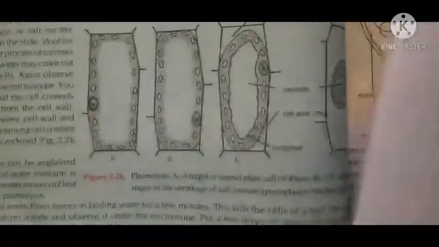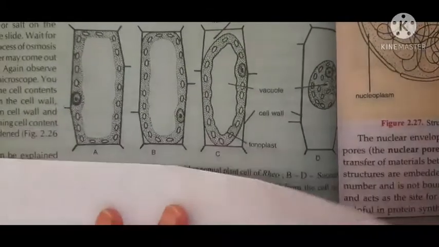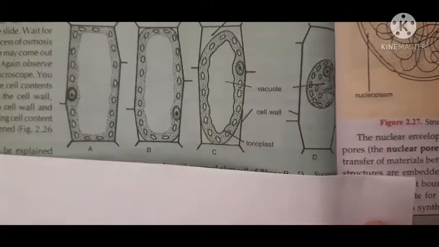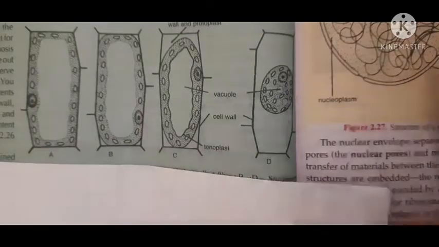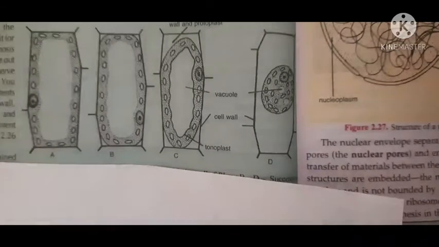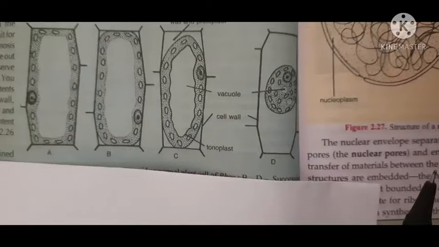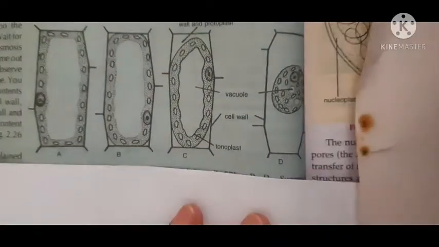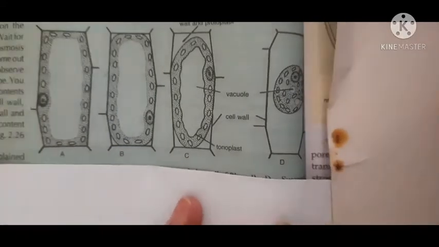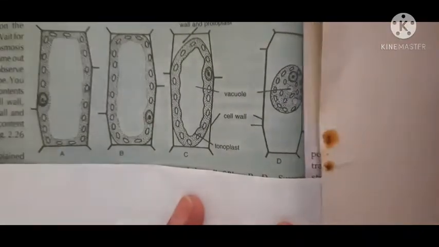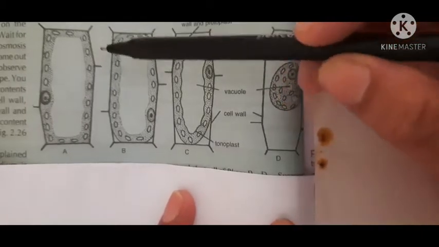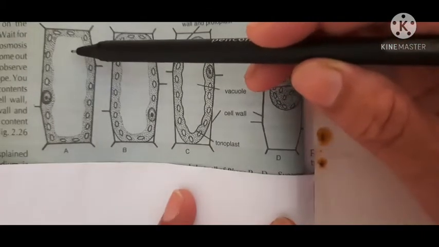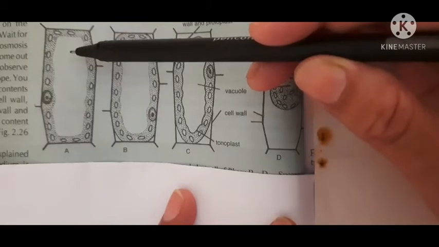Just see this diagram. This is taken from Aakash's book. Now see, this is a plant cell, it has a cell wall. Now you see this plant cell is placed in a hypertonic solution.